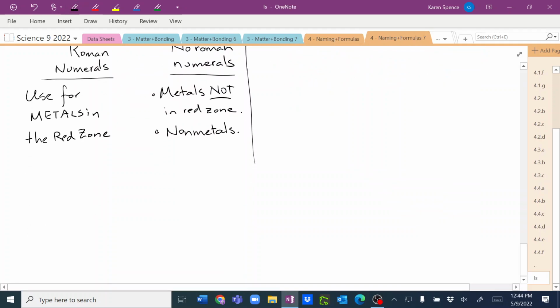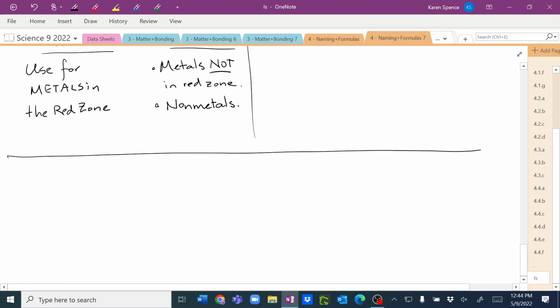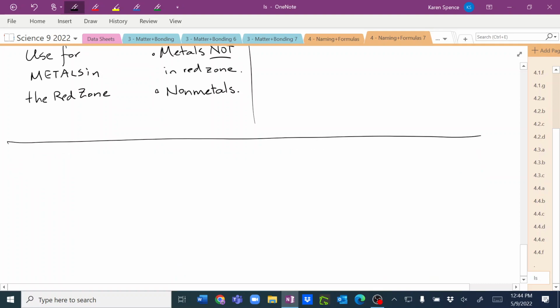So let me pull up an example here. So your polyatomic ions, don't forget, are on what color sheet? Pink. P for polyatomic, P for pink. They're on the pink sheet.